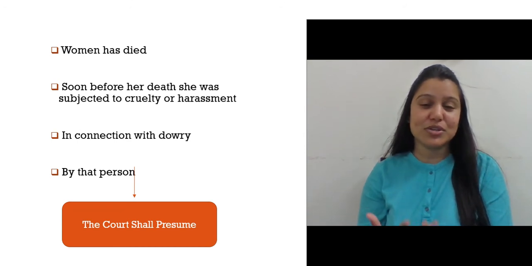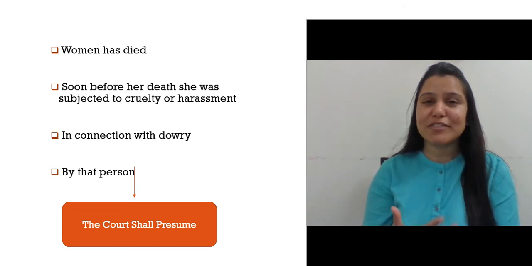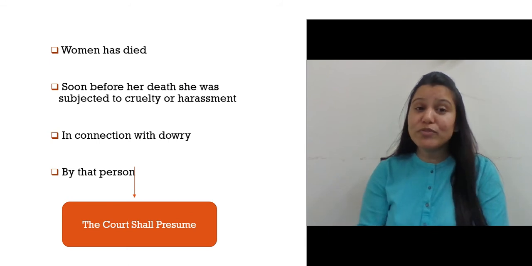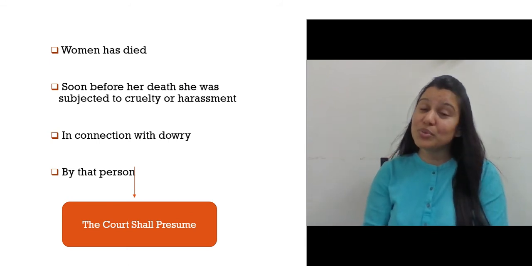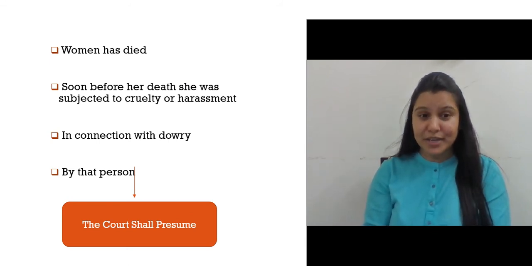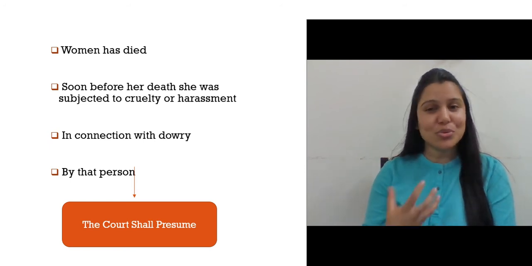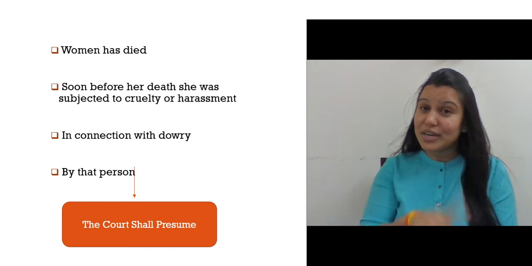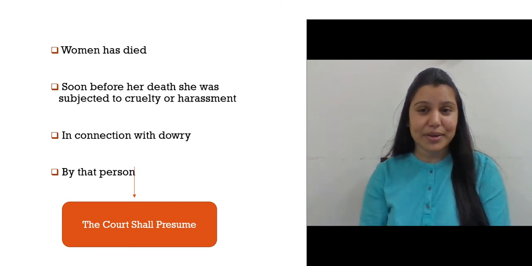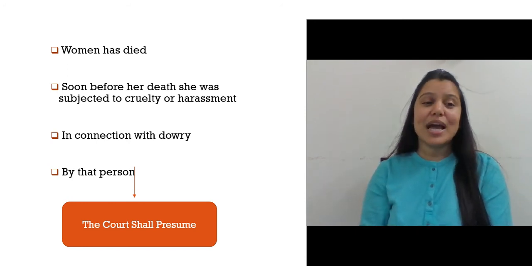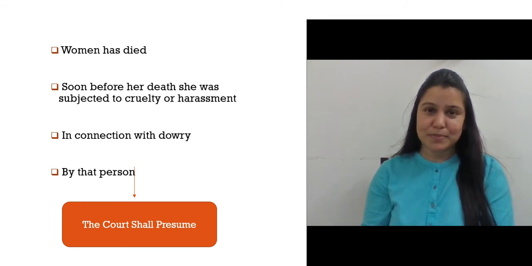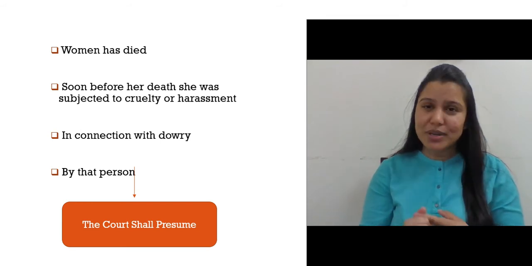It talks about dowry death, so the woman must have been dead. Now, soon before her death, she was subjected to cruelty or harassment. That cruelty should be in connection to the dowry, right? By that very person.